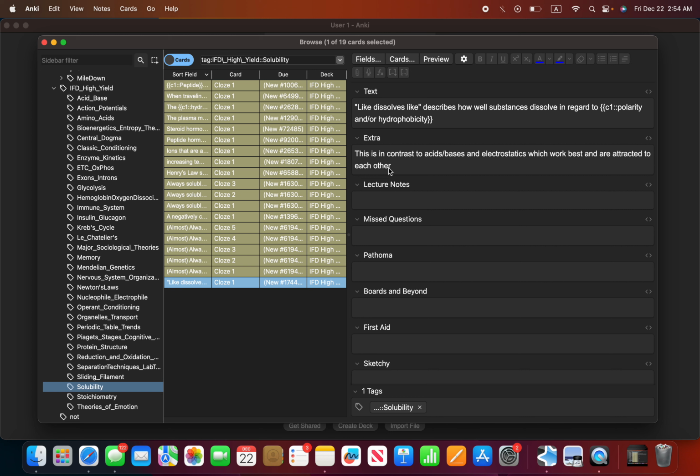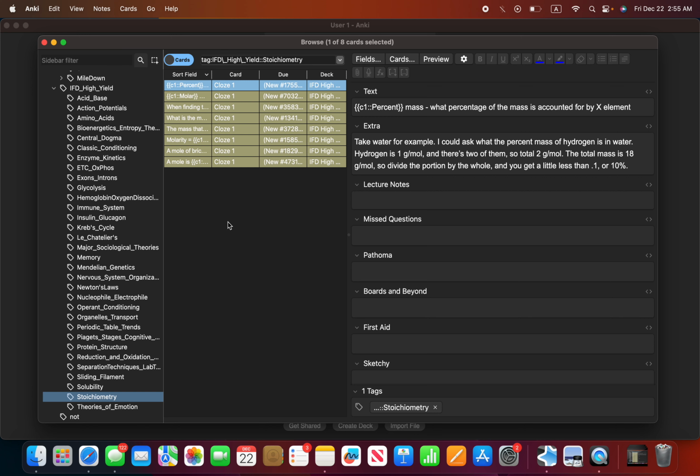So like dissolves like is for polarity or hydrophobicity, and the contrast, the opposite, is for acids and bases and electrostatics. So acids are attracted to bases, really? Or for electrostatics, it makes sense. Protons and electrons are attracted to each other.